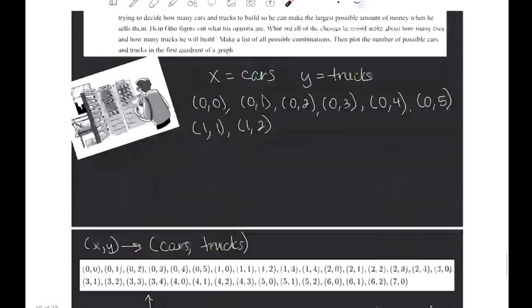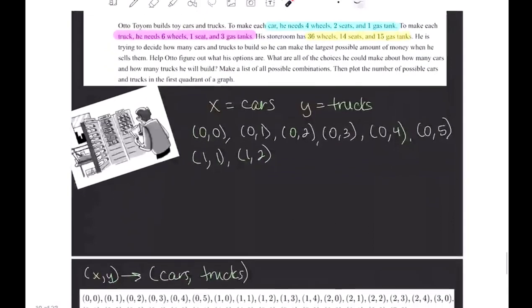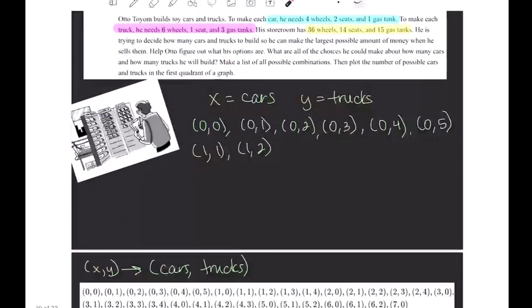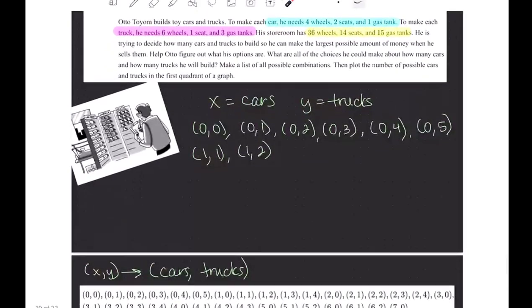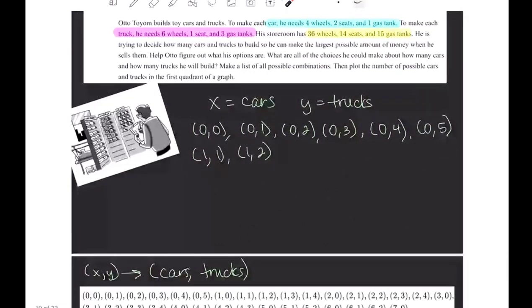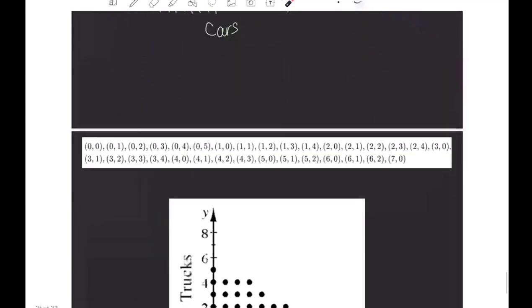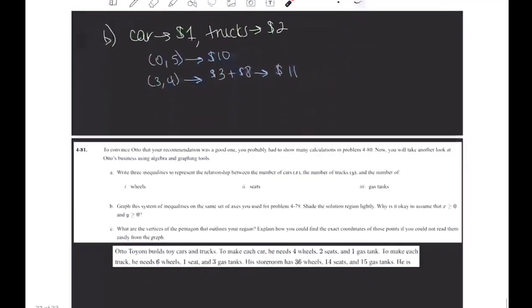Those constraints are those little factors that limit us. So what do you think our 3 constraints are going to be? The number of wheels, the number of seats, and the number of gas tanks, right? So those are our constraints.